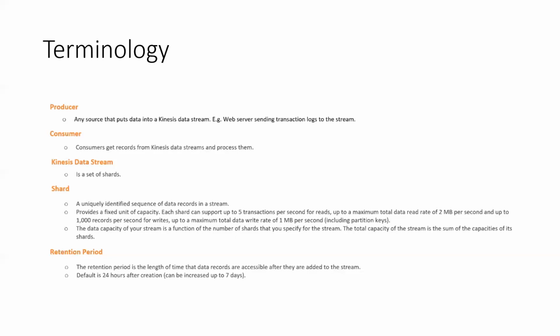No, we configure this in the data stream. The producer just has to send the logs or the data. Then Kinesis Data Stream does all these things, whatever has to be done.